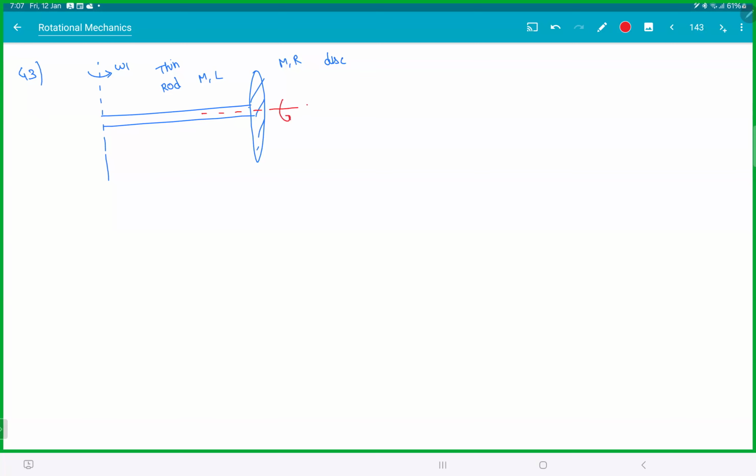The disc is rotating with omega 2, and this whole system is rotating with omega 1. You're getting how it is rotating? Find the kinetic energy of the system.